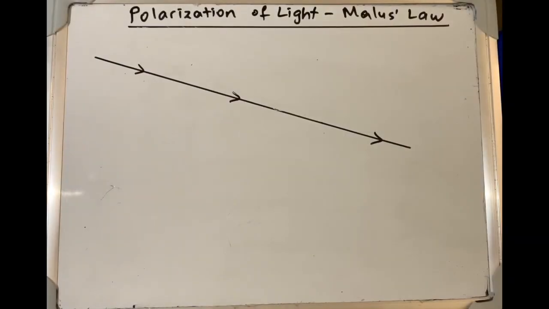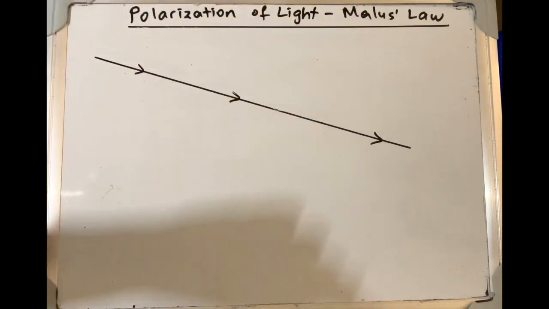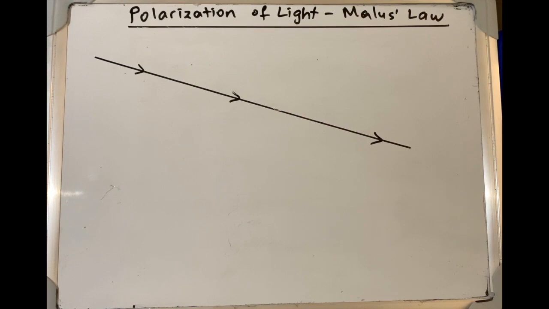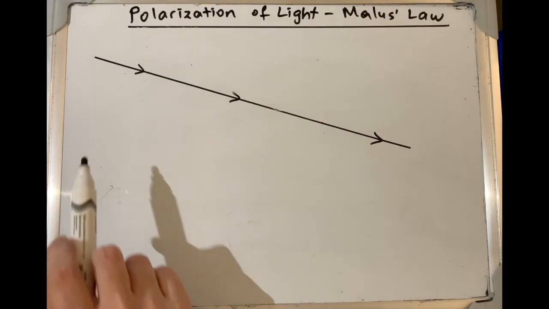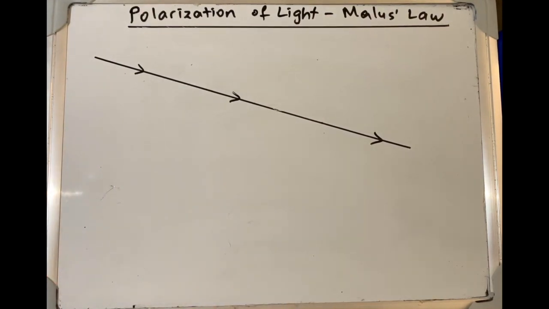Let's explain polarization of light and Malus's law, which governs the mathematical relationship between intensity and the angular alignment of two or more polarizers. Now, I have drawn a ray of light here already. When light is unpolarized, the electric field vector is said to be oscillating in all planes.